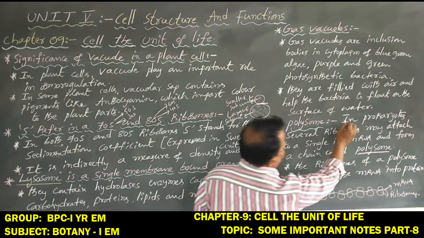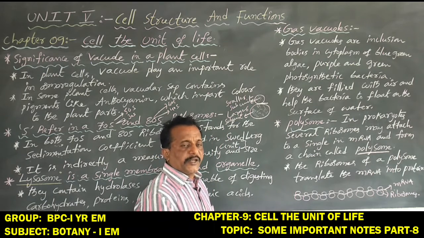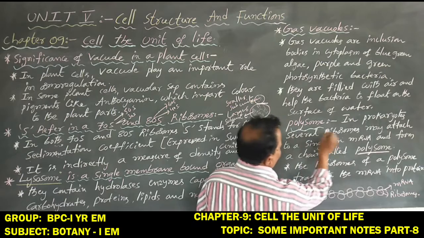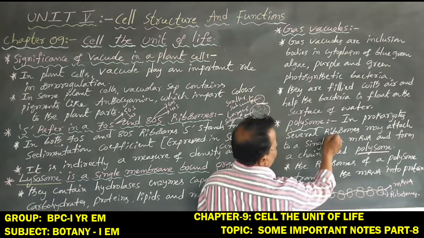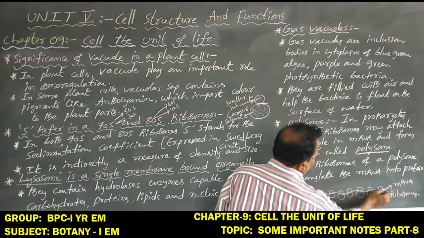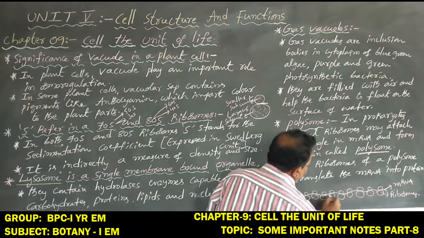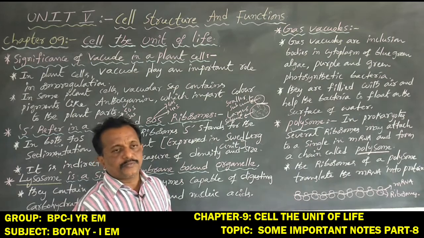Once again, in prokaryotes, especially bacteria, several 70S ribosomes may attach to a single mRNA and form a chain, that is called polysome.